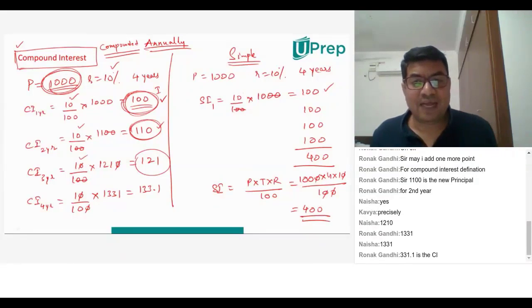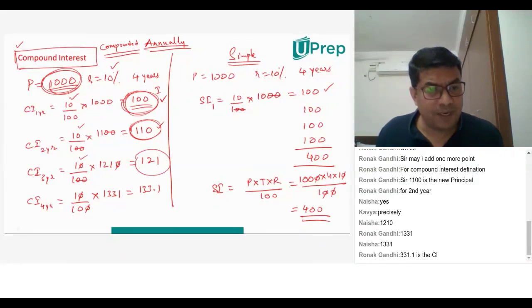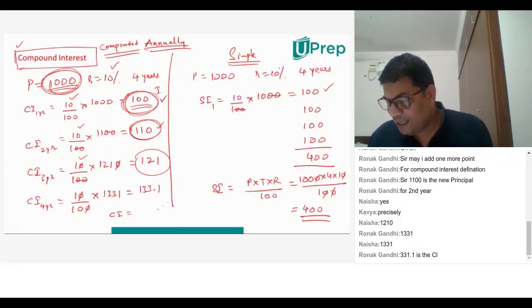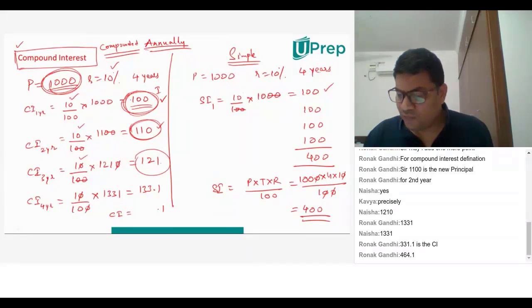If someone asks you to calculate how much is the compound interest earned overall, compound interest in this case is nothing but the summation of all these interests added up. So you have 133, 134, 154, 254, 264, 364, 464.